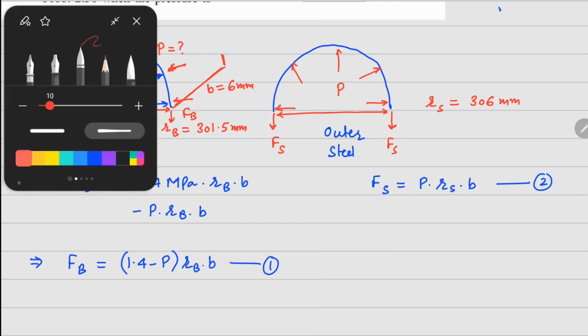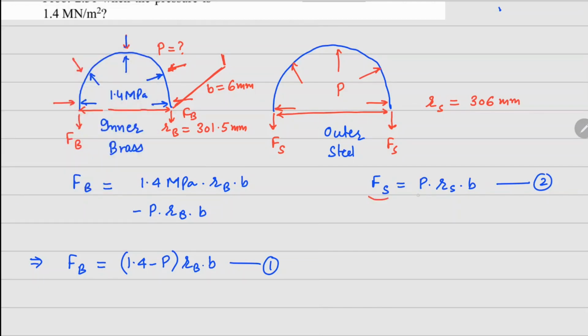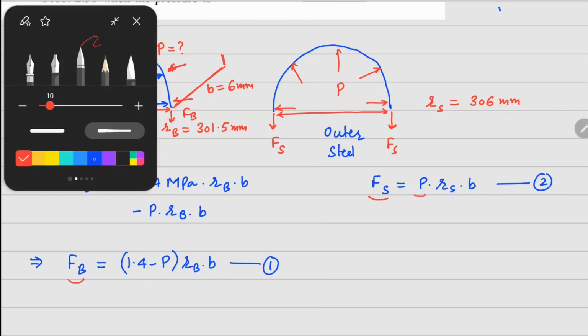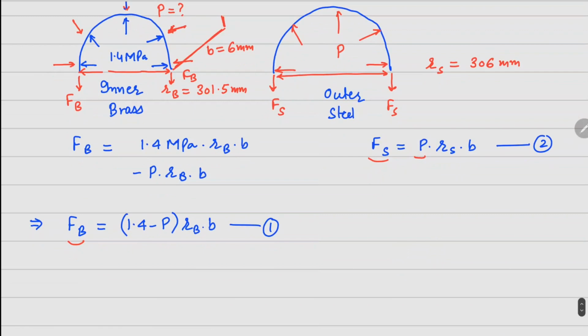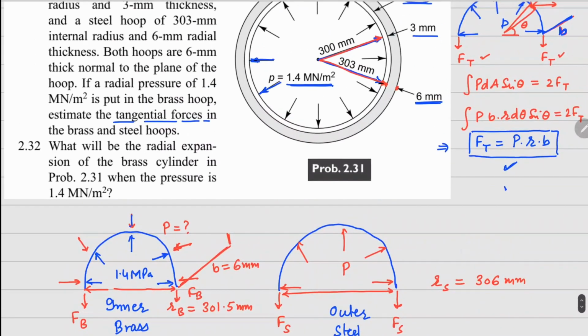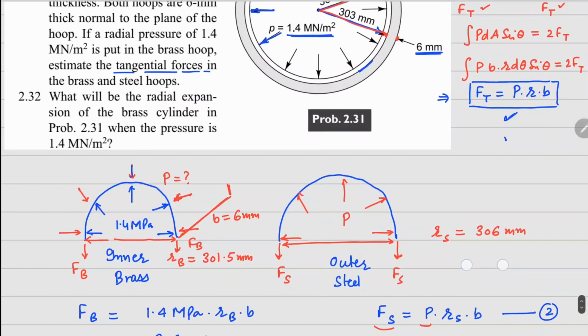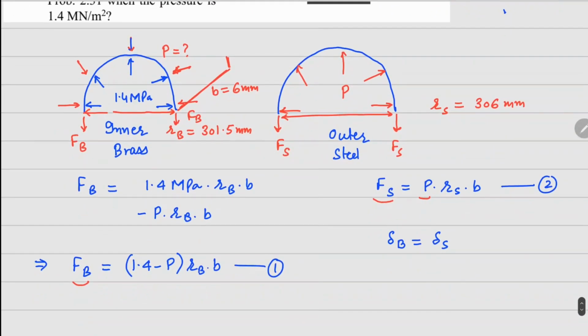Now if you look at the number of unknowns here, your Fs is an unknown, P is an unknown, and Fb is an unknown. So again we have three unknowns and only two equations. So we need to have one relationship which is coming from your deformation, meaning this contact here where your brass and steel hoops are matching, their deformation should also come out as same, otherwise they will lose contact.